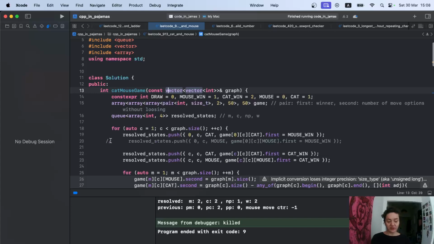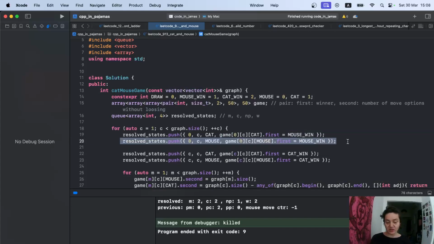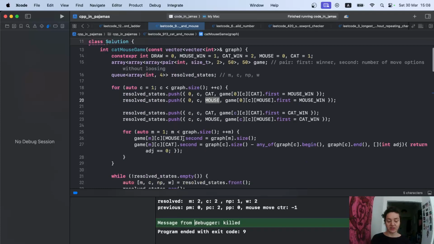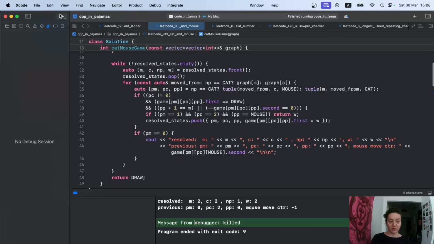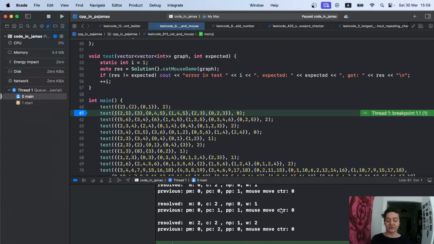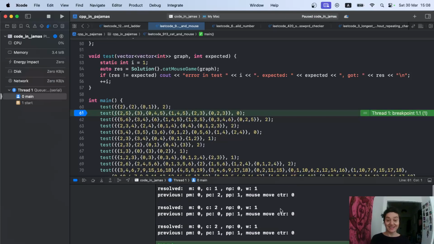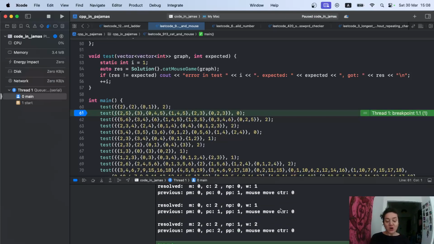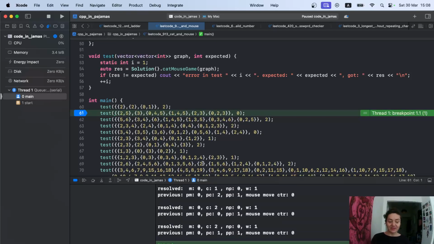Let us put this line. Now I'm also initializing the mouse as the winner when he's at 0, it is his turn. So remember what we had here, this printing, resolved and previous, this printing, and I'm running now, and look how many printings I have for this tiny graph, because I have many states that are resolved and I'm deducing from them for nothing.